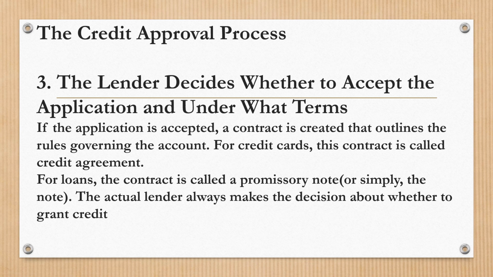So if you will be applying for, let us say, credit card, there will be a credit agreement. And then if it is in a form of any type of loan, it will be in a promissory note. So meron tayong contract na isa-sign.